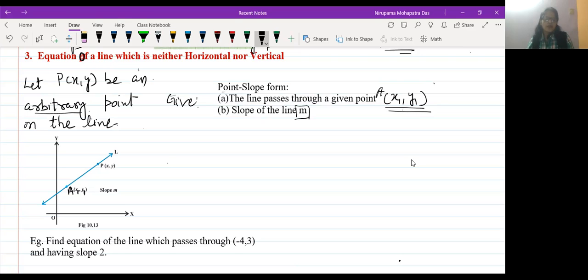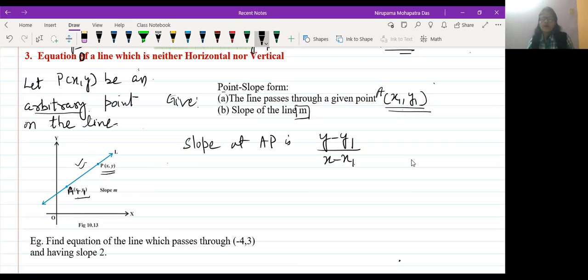Now, if I look at the line here, I am able to see two points on the line. One is x1, y1, and the other is the variable point x, y. So the slope of the line will be what? The slope of AP, as per the definition, is y minus y1 divided by x minus x1, if I look at the line only.